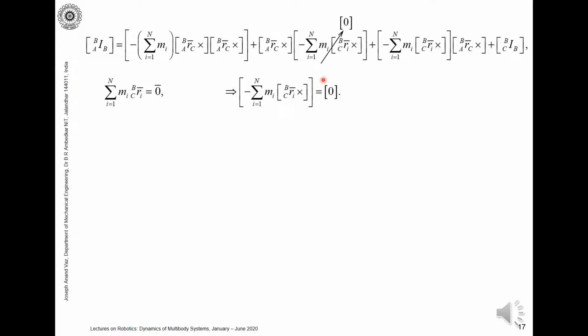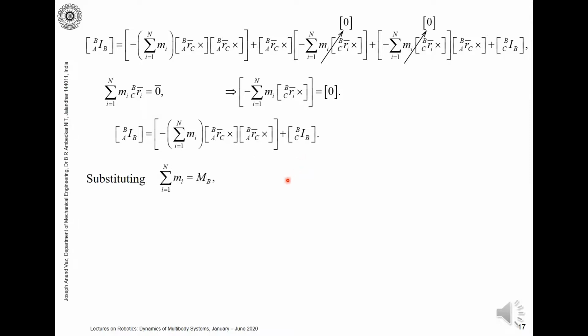Consequently, these two terms are going to be equal to the zero matrices. So we are left only with the first term here and the last term here. So we write this expression like this: the inertia tensor of B with respect to A expressed in the frame B is equal to this.